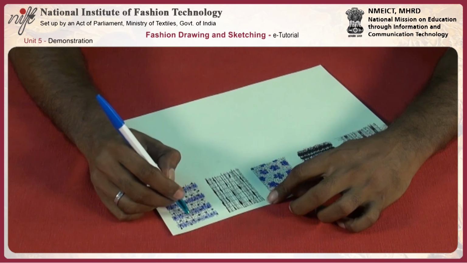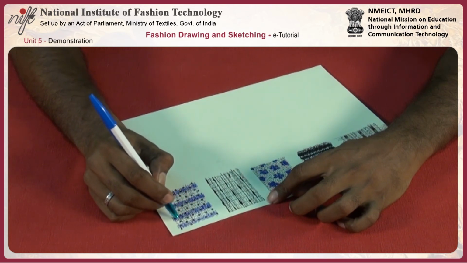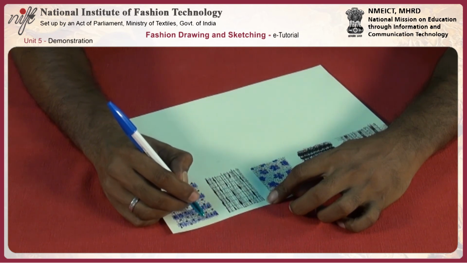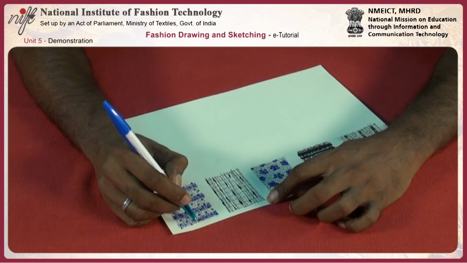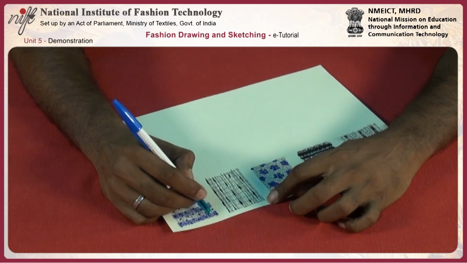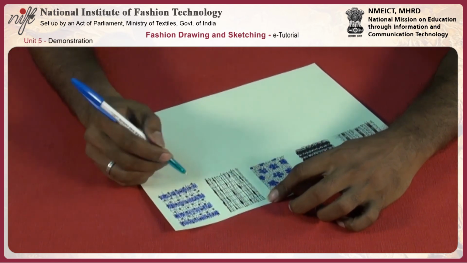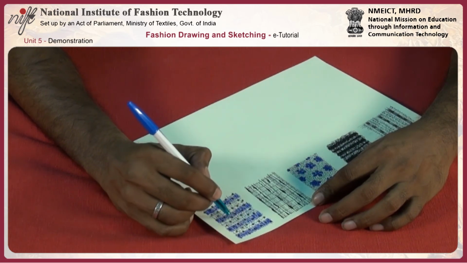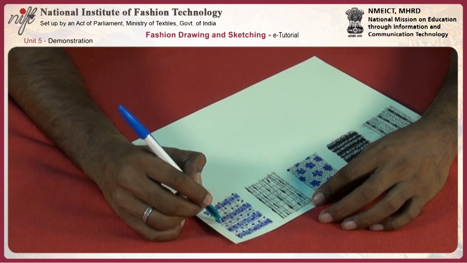Now observe carefully that I am adding more darkness to the blue stripes that I have already done. Now you might observe carefully the diagonal lines that I am adding to the rendering.